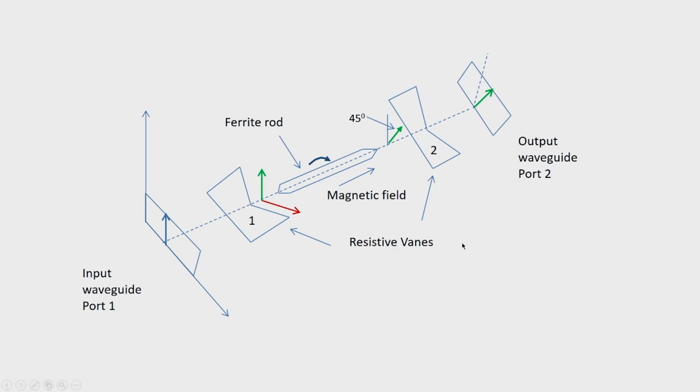Now, if we consider a wave incident in port 2, which may be because of some mismatch, some reflected signal appears at port 2, this will now undergo a rotation of 45-degree.